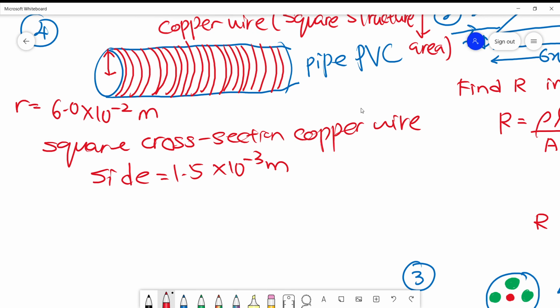The number of turns of this wire that surrounds the PVC pipe is 300.